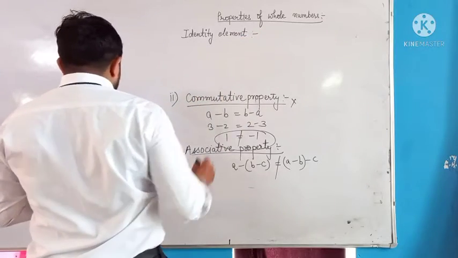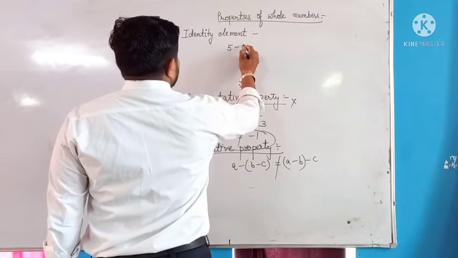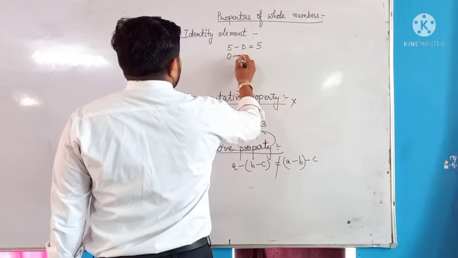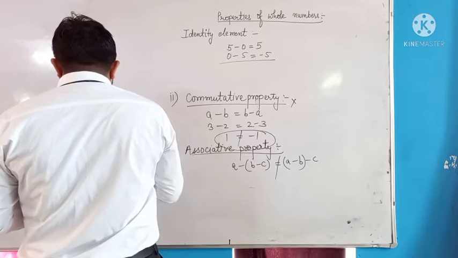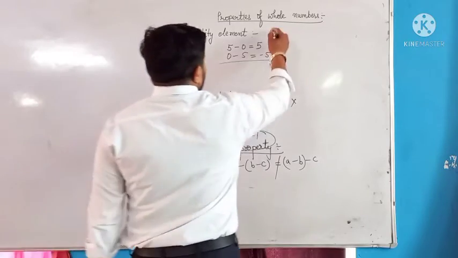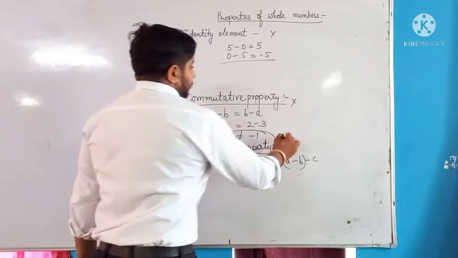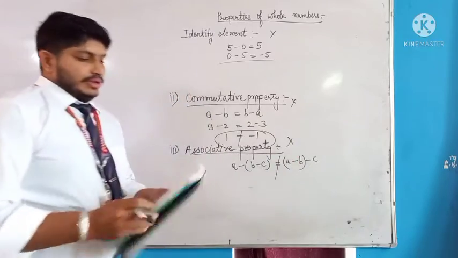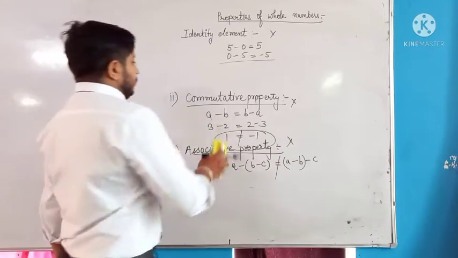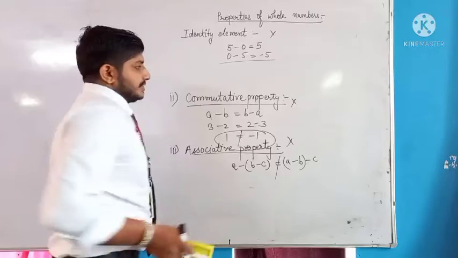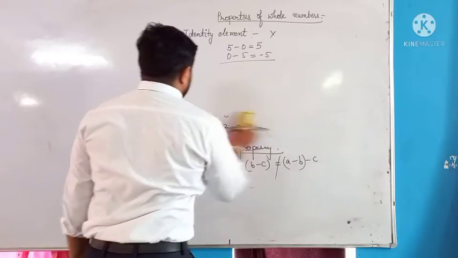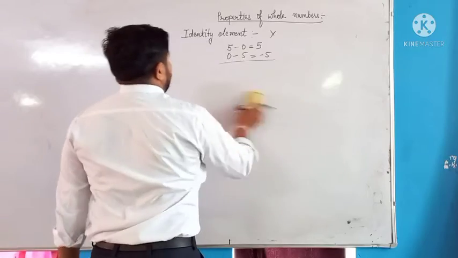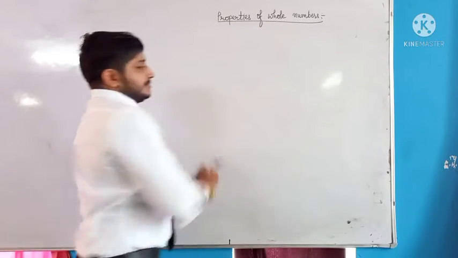If we write 5 minus 0, then the answer comes 5, but 0 minus 5, the answer comes minus 5. So this property does not exist on whole numbers. All these properties we discussed on whole numbers under the operation subtraction: closure, commutative, associative and identity element. All these properties do not hold good under the operation subtraction.